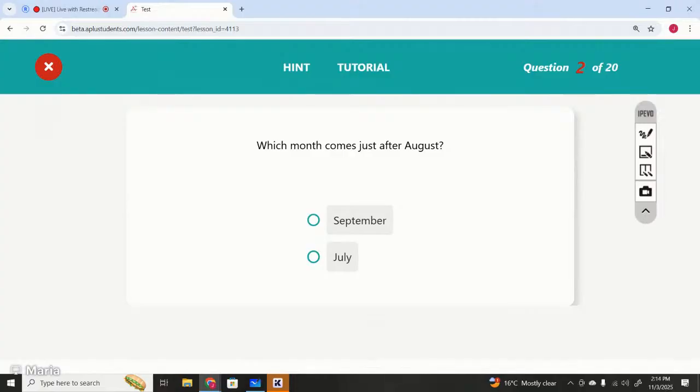Which month comes just after August? After August, it is September. Option number one is the correct option.